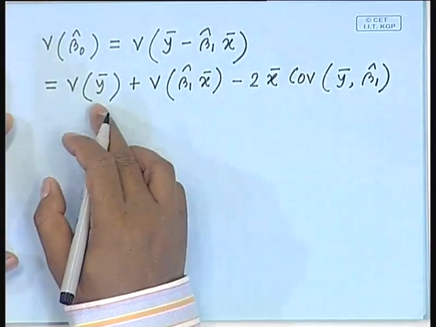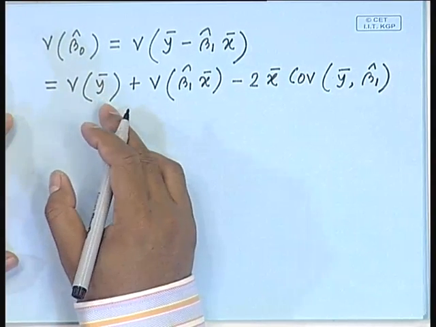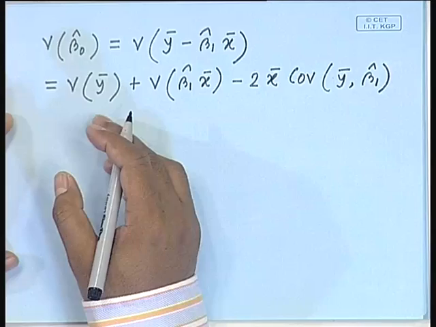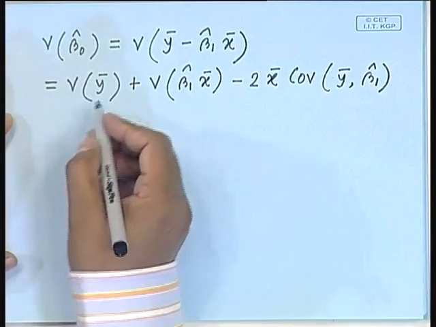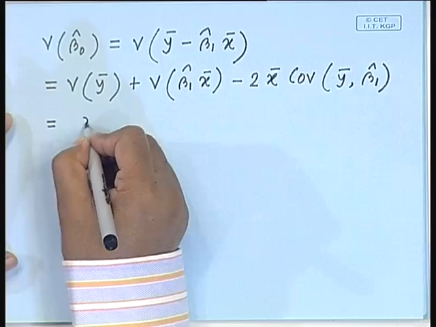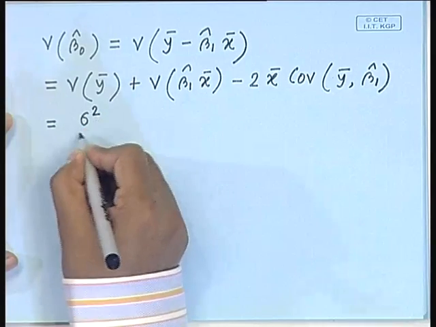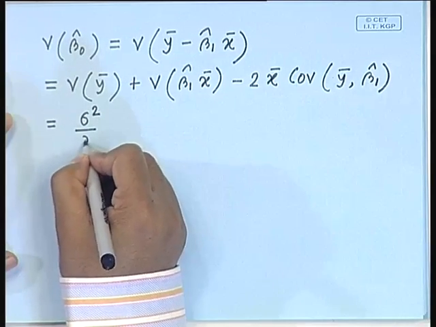Now, you know the variance of y bar, I hope you know it. It is not difficult to prove that this is equal to sigma square by n.